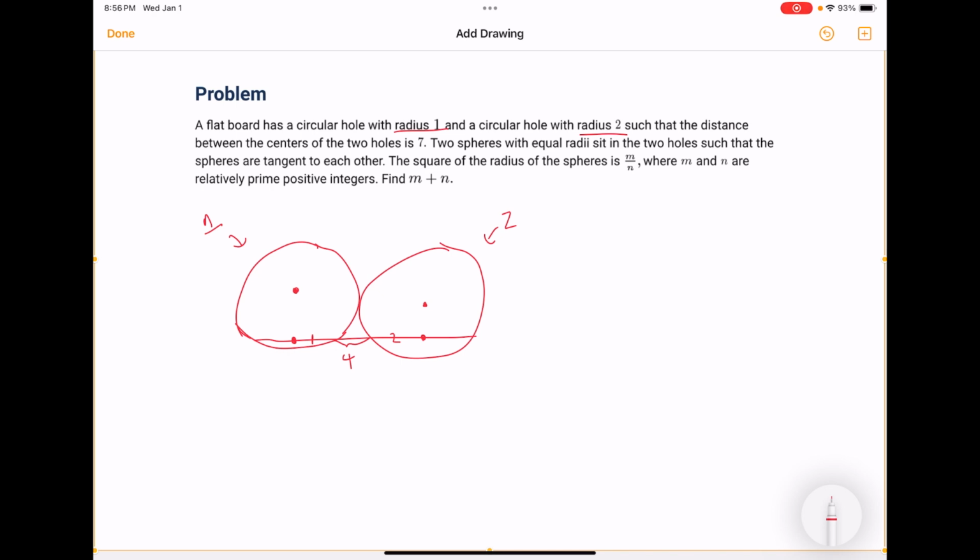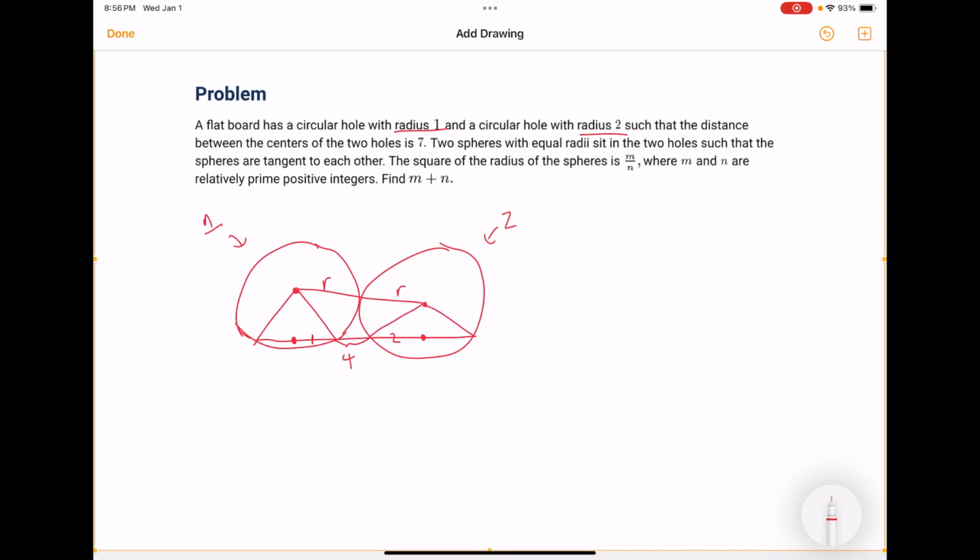I'm going to connect the centers of these spheres. What we're trying to find is the radius, so I'm going to let the radius be r, which means that both of these would be r. And then I'm going to connect these two.